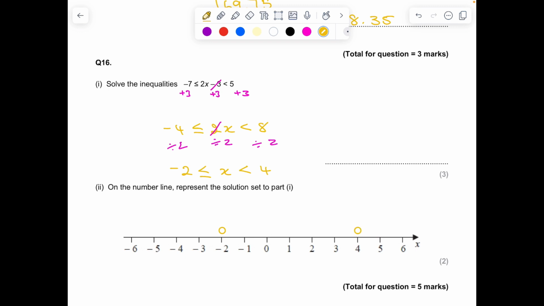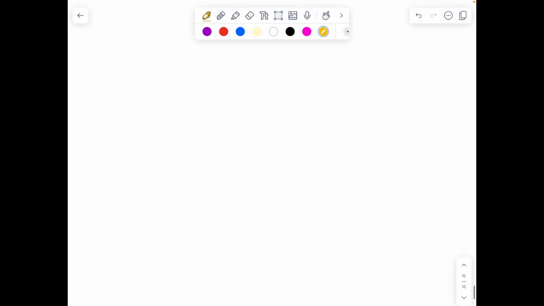However, the circle at minus 2 we need to colour in, because you can see there, if I just highlight it with a different colour, that can be equal to, so we colour it in, and then don't forget to put a line between them, okay? So that is how you would show it on the number line. And that is it.